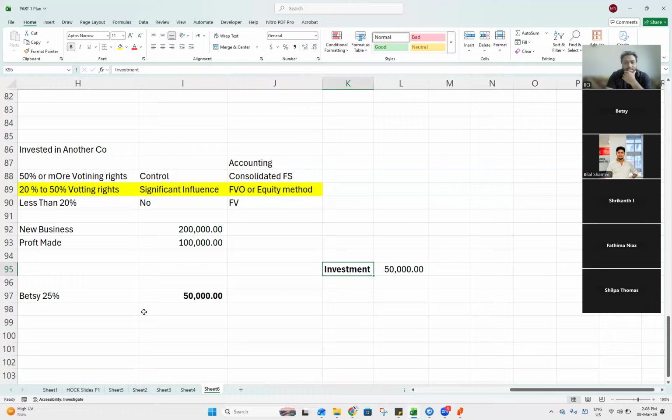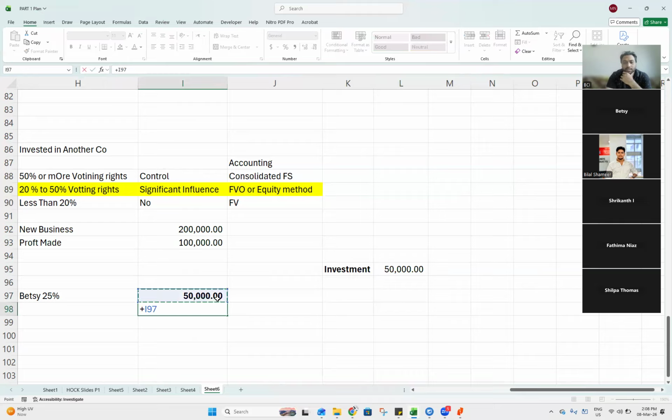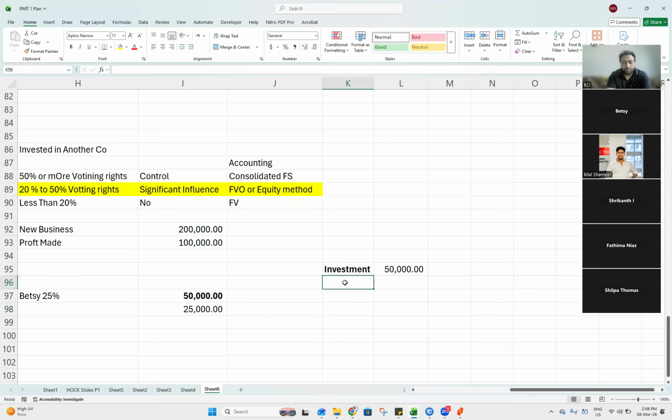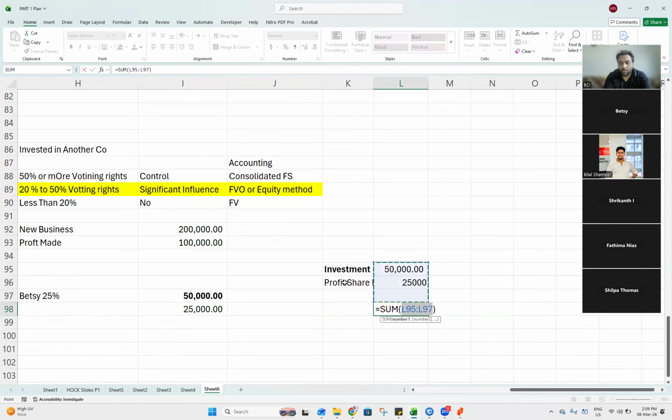You will ask for your share of the profit which I made, 25%. So the profit in the equity investment is 25,000. Clear. So your total investment value will be 75,000. Clear?